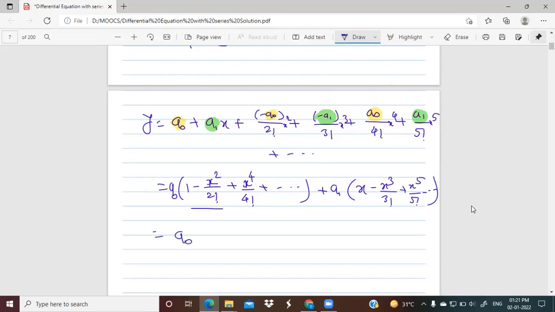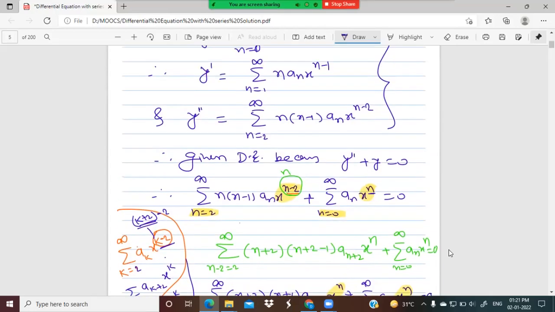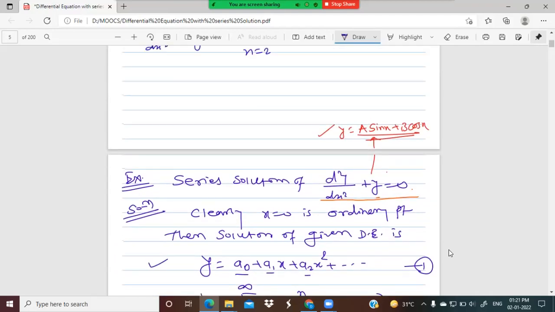This is a0, and this total is nothing but the series of the cos function, plus a1 into the series of the sin function. So we know that this is our final solution. We are using the series method to find the solution, and we are getting the same solution.